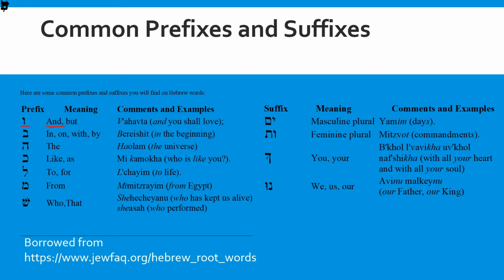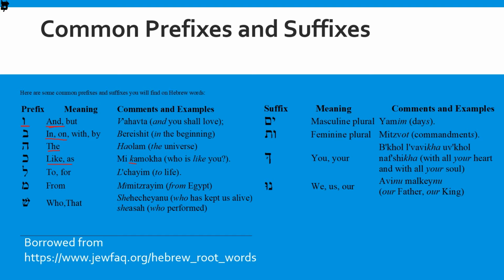When we add the prefix beit or vet, it means in or on, as in bereshit, or in the beginning. When we add the prefix he, it means the, as in ha'olam, the universe. When we add a kaf, it means like or as in mikamocha, who is like you.